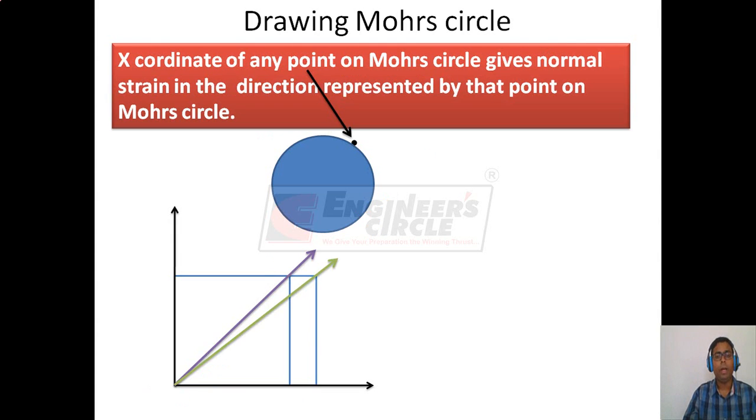The x coordinate of any point on Mohr's circle gives normal strain in the direction represented by that point on Mohr's circle.